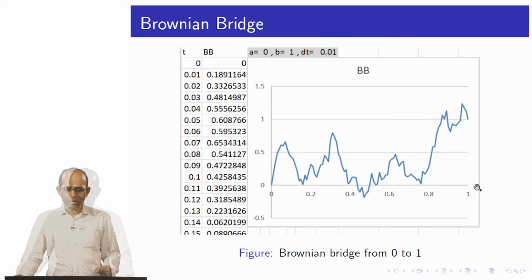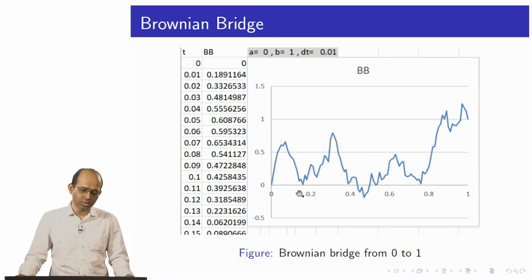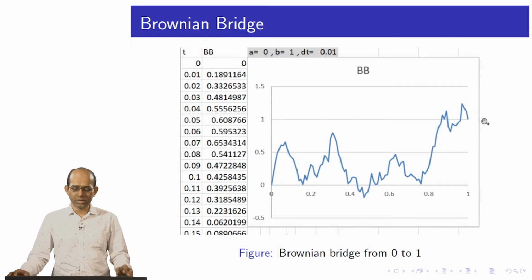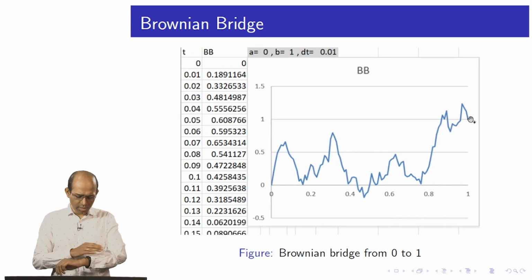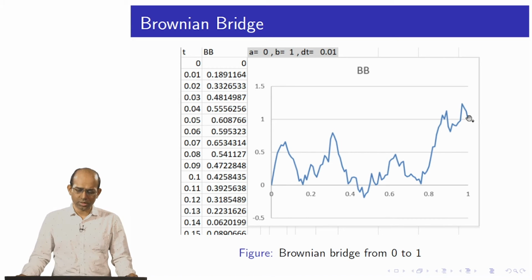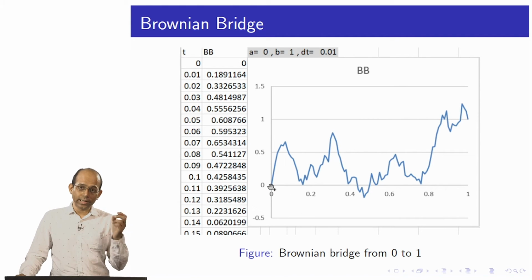Before that, let us see bridges, this pattern, and maybe simulation. If I have time, I would come back to the simulation, how to simulate. That means, how did I actually compute this particular realization of Brownian bridge. So, here this is a Brownian bridge from 0 to 1. So, A here is 0, B here is 1, and time is the horizontal axis.